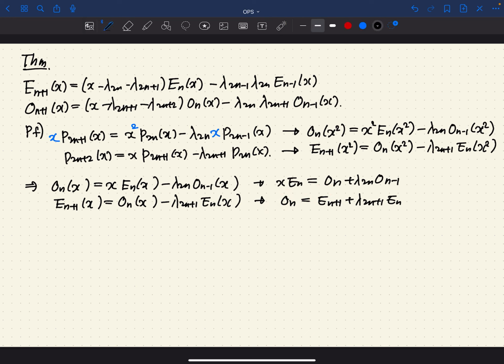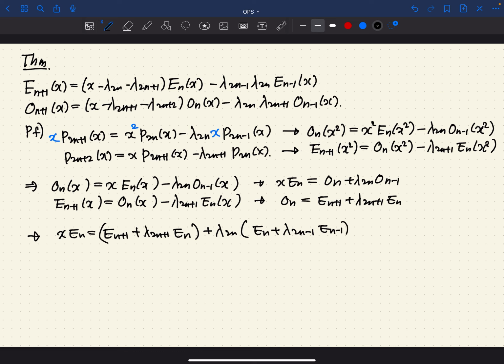Then you get x En equals E n plus 1 plus lambda 2n plus 1 En plus lambda 2n times On minus 1 expressed the same way, but now here you have to replace n by n minus 1, so En plus lambda 2n minus 1 E n minus 1.